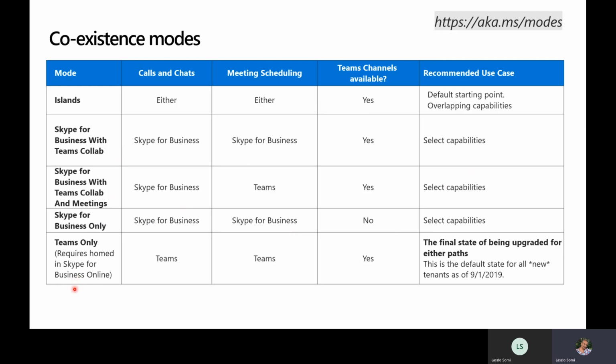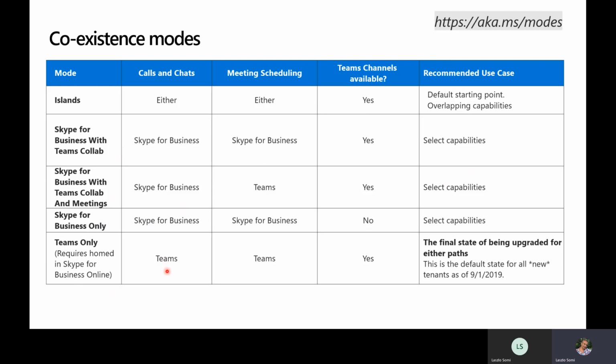End of the road for all users is Teams only. This is where we want to get to from both the overlapping and select capabilities methods. It requires the user's Skype for Business account to be homed online. That's so that the user can communicate with other on-premises users in the organization who have not moved to Teams only yet.